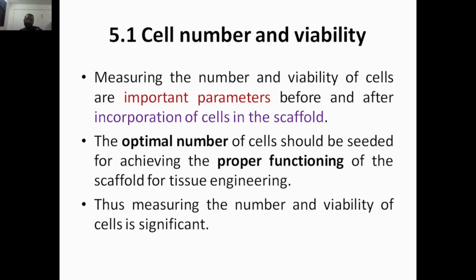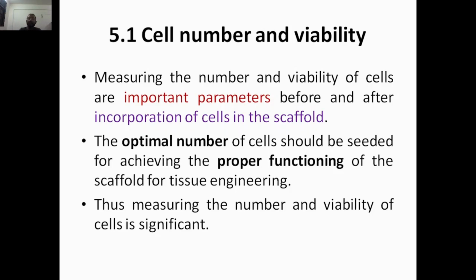Or else, whatever number of cells you give, if the same number of cells are there, that means the cells don't undergo cell differentiation. If that happens, that means the cells are resistant to differentiate, so that will not give you a tissue, right? So from the cell number, we can understand whether the cell has the ability to differentiate or not, or to do the particular function or not. All those things can be done.